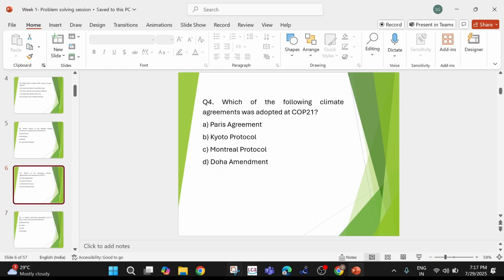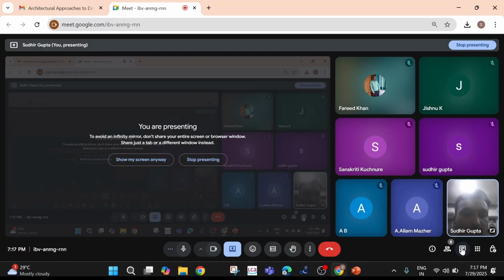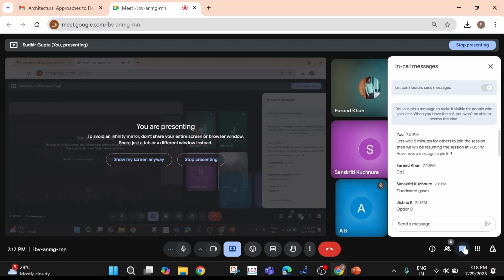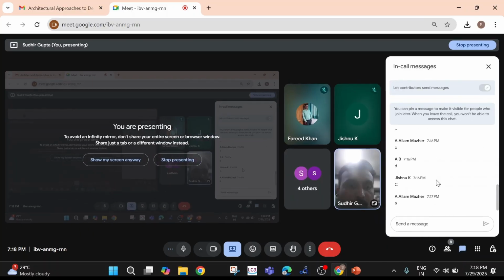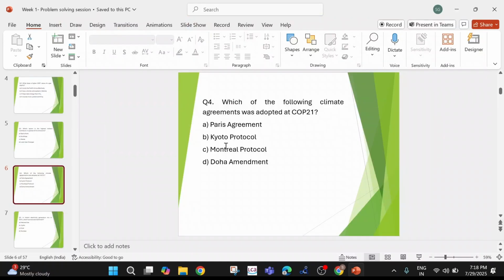Let me see who has studied well and is able to build the concept, and what they have answered. So Alam Majhar, yeah, he has answered option A, and he is absolutely correct. Here, as you can see, option A, Paris Agreement. It is the right answer.